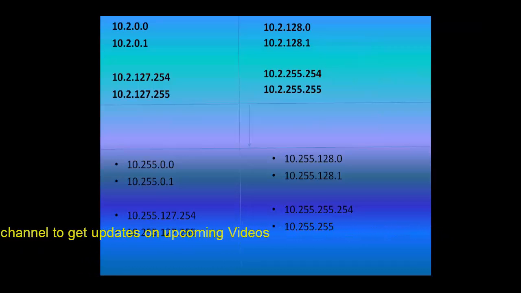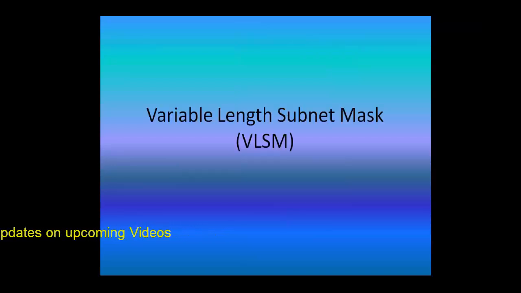So next is the variable length subnet mask. Okay, so to sort out that problem, we use VLSM, variable length subnet mask.